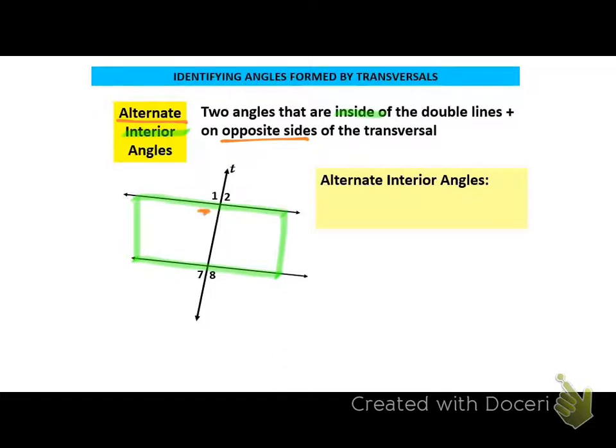So 3 is this one, right? It's on the left side of the transversal. The angle that will be alternating and interior will be 3 and 6, and 4 and 5. So with one color, you'll highlight 3 and 6, and the other color, you'll highlight 4 and 5.